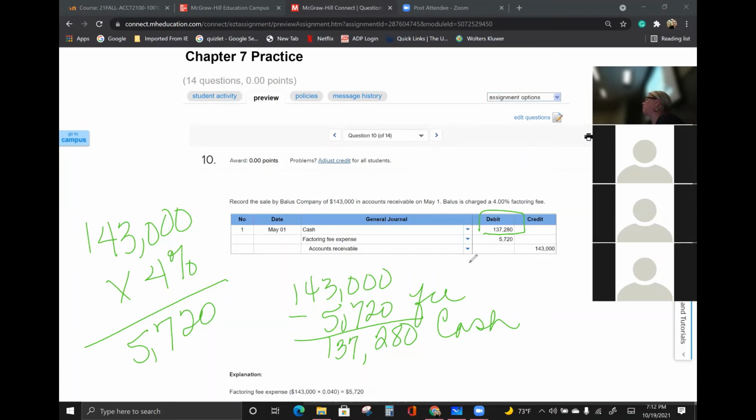They won't show up on the report anymore. Your accounts receivable will show 0 if the total is $143,000. So they're keeping it simple. They're saying we're going to accounts receivable because we're reducing it, but remember that's a control account, and we have a subsidiary that has a list of all these people that have to be cleared off.